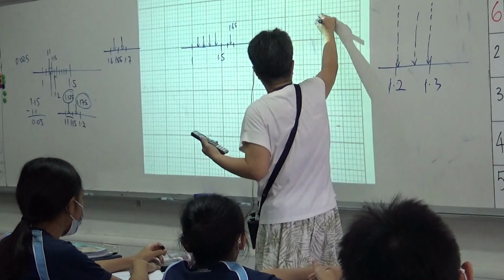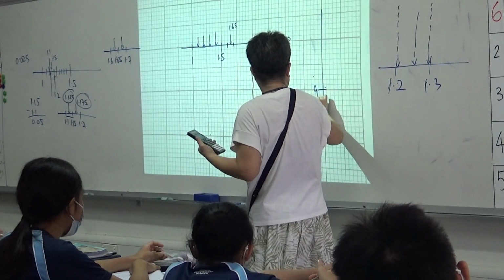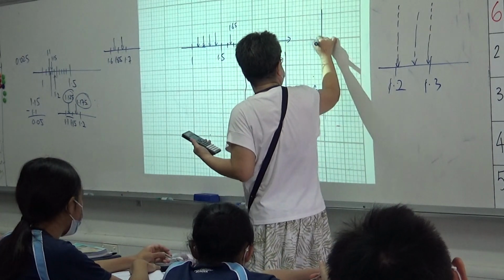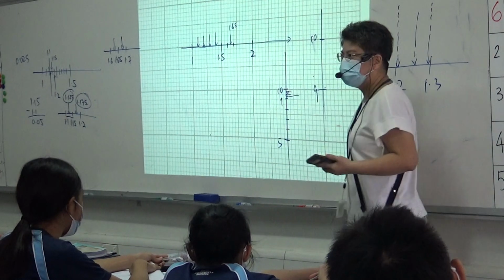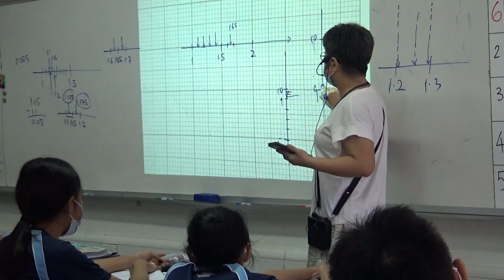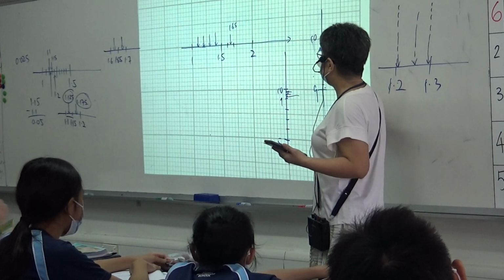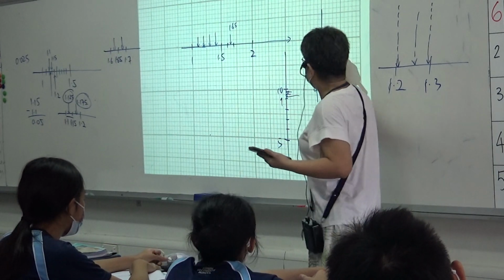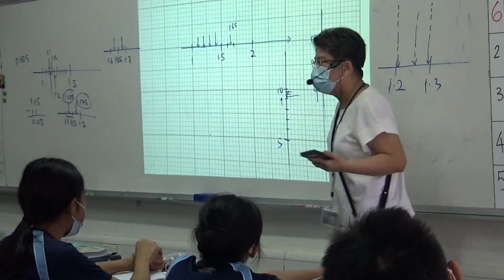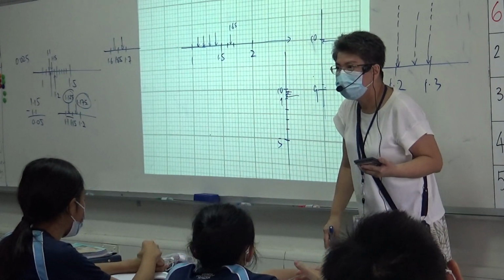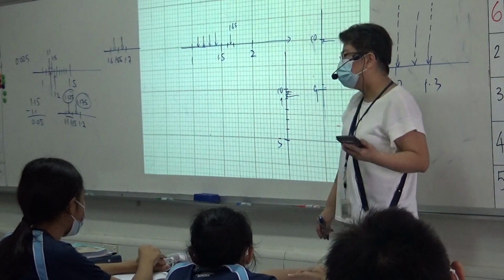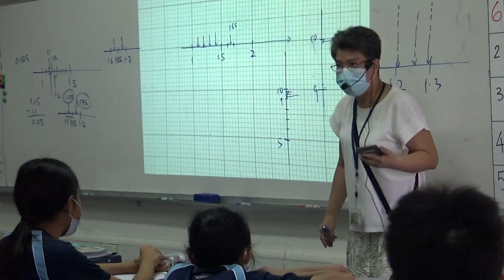Okay, now another one is easier. So what is this? 9.1, 9.2, 9.3, 9.4, 9.5, 9.6, 9.7, 9.8, 9.9, 10, right? Okay, what if it's halfway? 9.95.